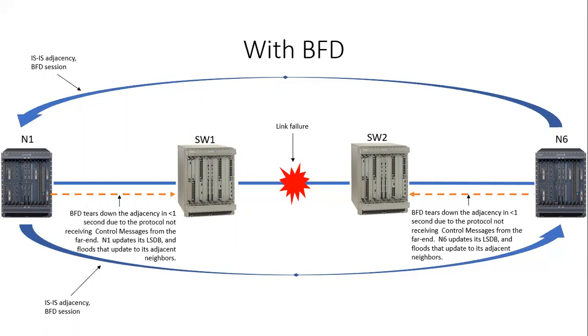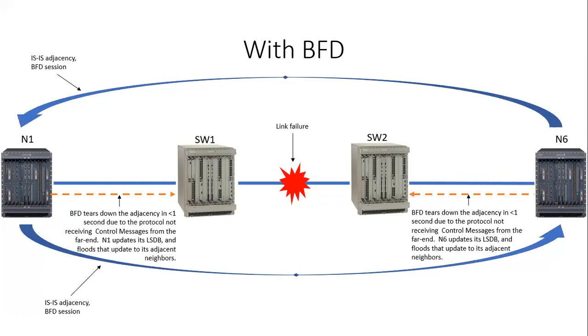So let's take a look at what happens when we configure BFD. Same scenario, we have a provider edge router N1 in Los Angeles and a provider edge router N6 in New York, and they're both running the same IGP, ISIS.